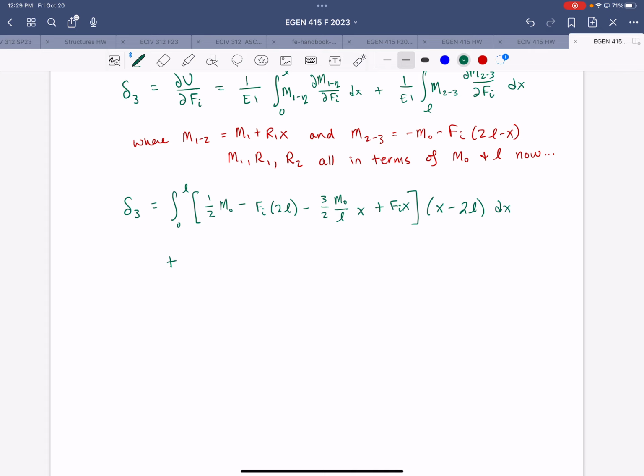And then from the second integral, we have from L to 2L, negative M naught minus Fi times 2L minus x. And the partial derivative with respect to Fi is 2L minus x. So at this point, we can eliminate the terms that have Fi in them.